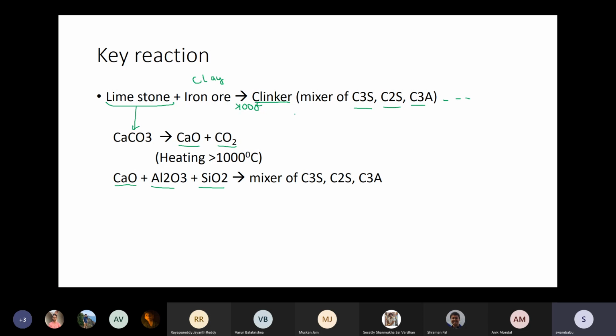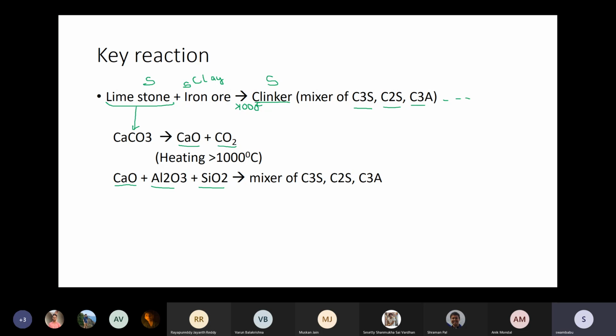So limestone is solid, iron is solid, and you are heating and producing another solid. This is a typical reaction where the raw materials are solids, and we don't often see such a thing in our chemical engineering processes.